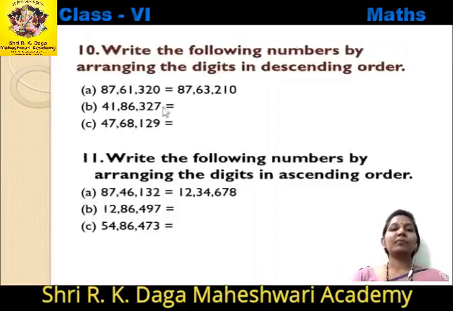Now in question number 10, the condition is write the following numbers by arranging the digits in descending order. Here we have to form a new number by arranging the digits in descending order, that is from greatest digit to smallest digit. In this question, the number given is 87,61,320, and we have to form a new number by arranging these digits in descending order.